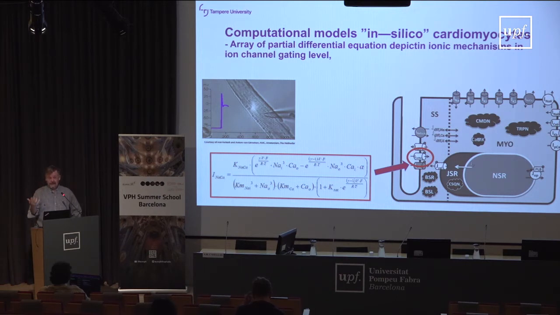So there's a lot of parameters, a lot of equations, and this is just an example, one equation for this sodium-calcium exchange, and each of these bumps here has a similar kind of equation. And of course, based on this, you can start modeling the electrophysiology of cardiomyocytes.